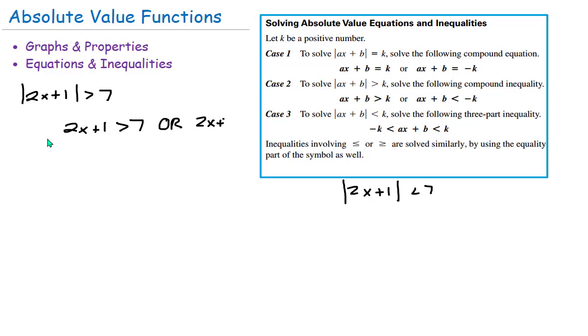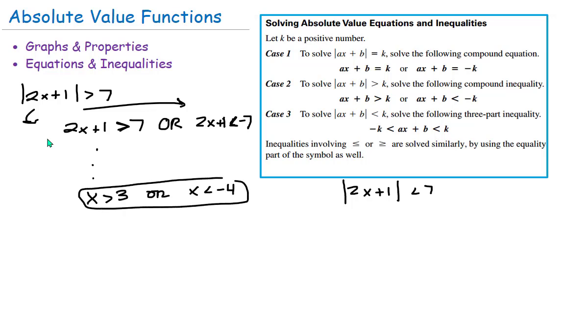So that would be less than negative 7. These are the two new inequalities that we get from splitting this one. Then you would just solve each one, and we would get that x is greater than 3, or over here we would get x is less than negative 4, and that would be our solution to this one.